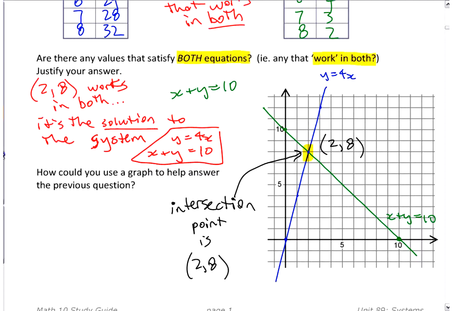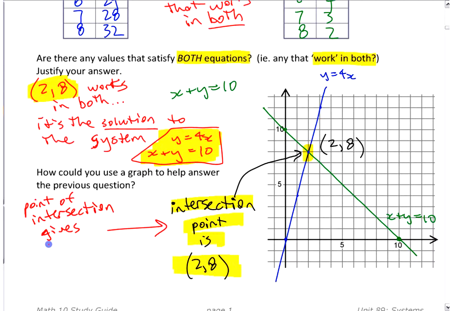The solution is (2, 8). (2, 8) is the solution to this system right here. It's the intersection point. The intersection point is the solution. Okay, point of intersection gives the solution.